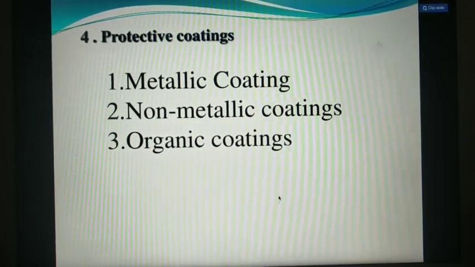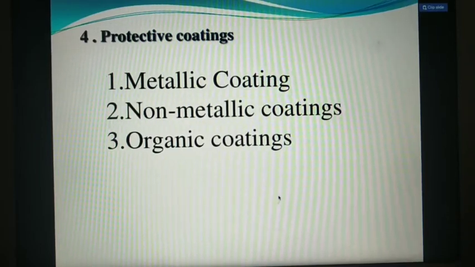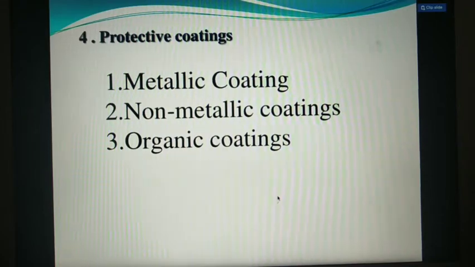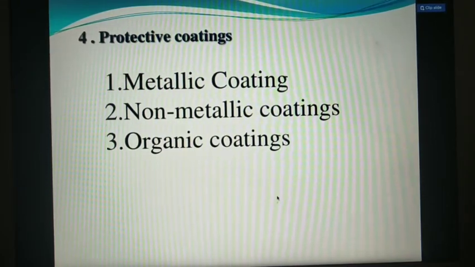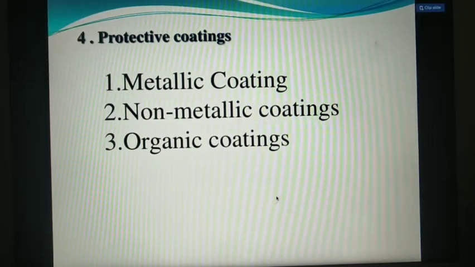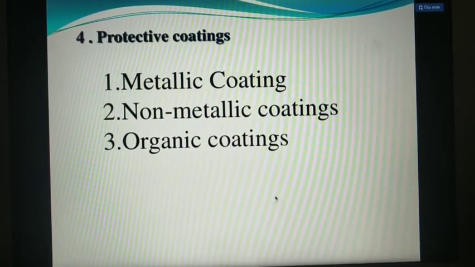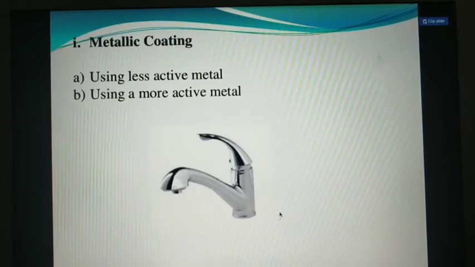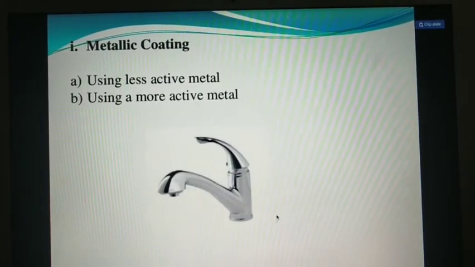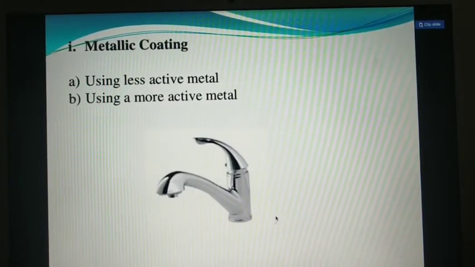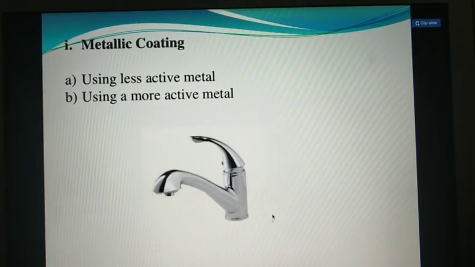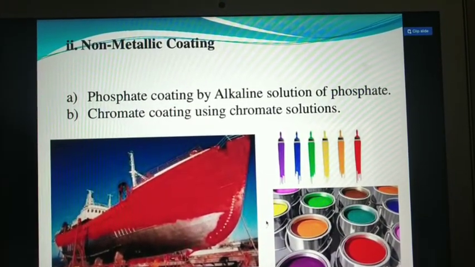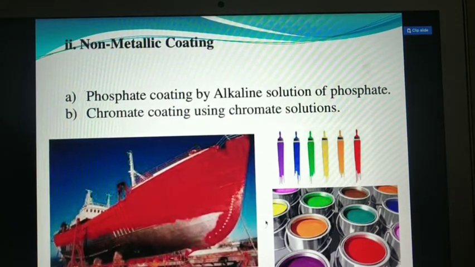That is why we coat the surface with oil, grease, paint and varnish. You see the following things which I'm going to show you in the slides, you can see how the coating is done. Like this, coating is done.